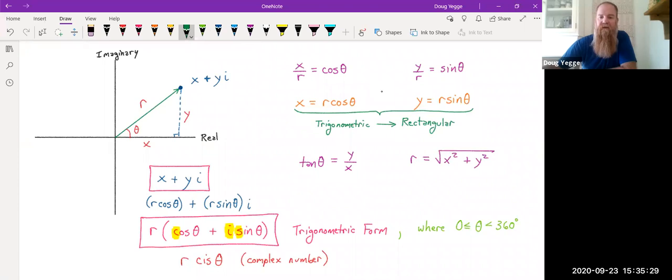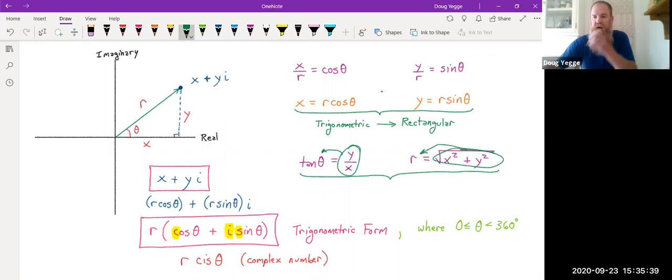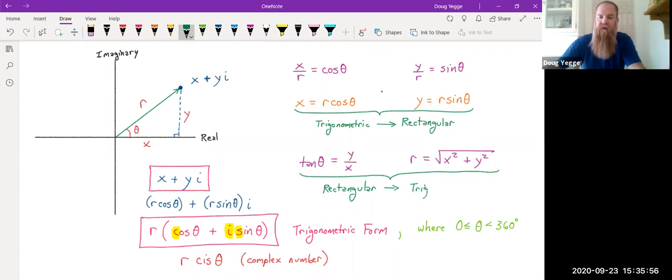Well, the advantage of those two equations is that I could be given x's and y's and find theta, or given x's and y's, find r. So these two formulas are helpful in turning from rectangular form into trigonometric form. So these four formulas are very important to switch forms.